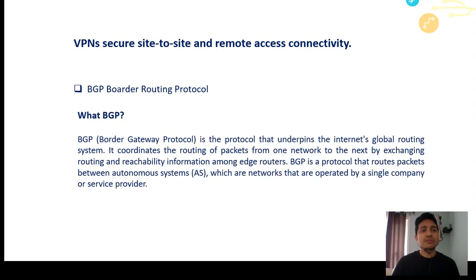So now we are going to the BGP, the Border Gateway Protocol. So what is BGP? BGP, the Border Gateway Protocol, is the protocol that underpins the Internet's global routing system. Actually, BGP is very useful for ISPs. Nowadays, most ISPs use this protocol.